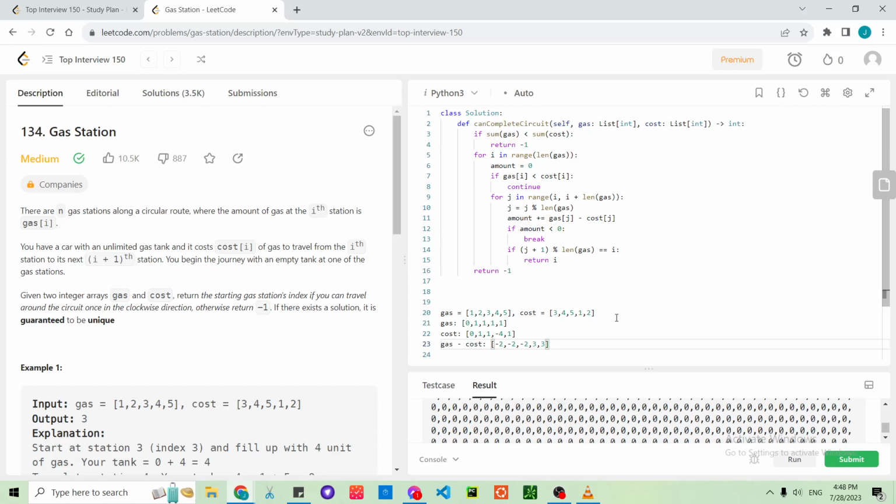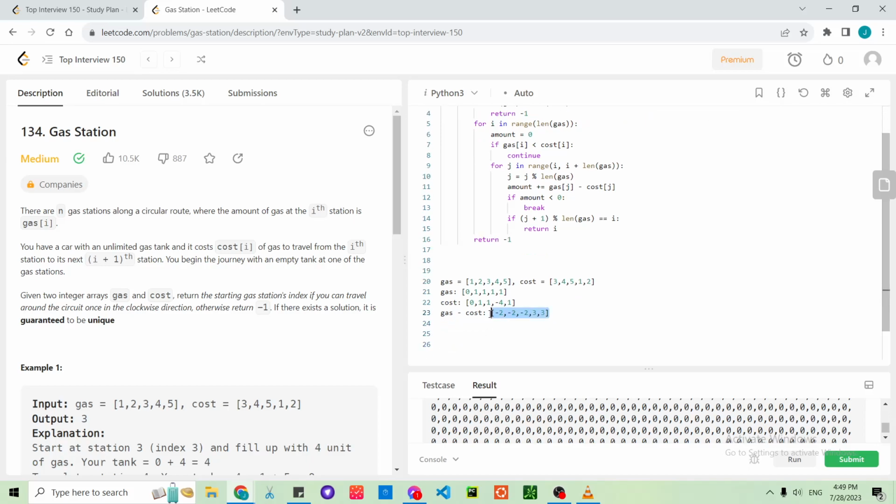Three. So we see it's minus, we go to the next one, go to the next one. Now we see 3. Okay, so then we do 6. What if we just do this and we add the next one until we reach negative? I mean, it's essentially the same logic. Would that be any different in complexity?